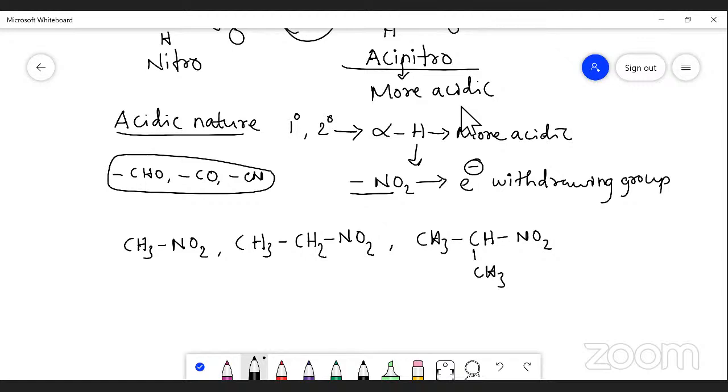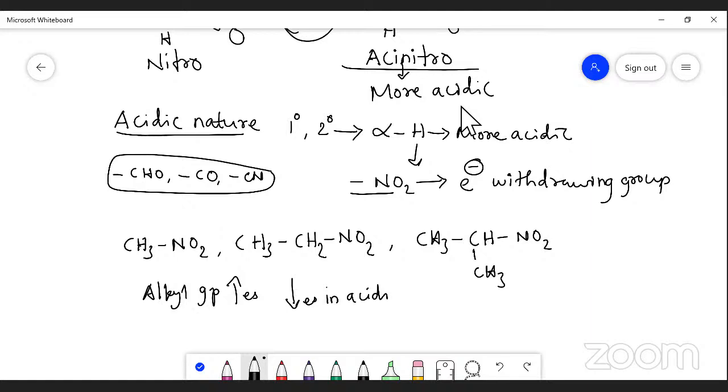If you take all the compounds, you have to give the comparison of acidic nature. Here, the acidic nature depends upon the number of alkyl groups. When the number of alkyl groups increases, the acidic character decreases.